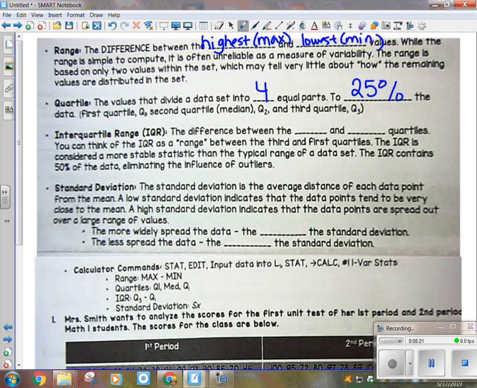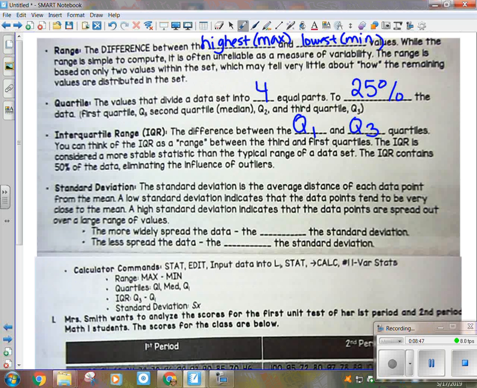The difference between the blank and the blank. What's the interquartile range? The difference between the first quarter and the third quarter. Q1 and Q3. So basically range is from outer to outer, but with the interquartile range, the IQR, think of it as coming inside to that inner box.